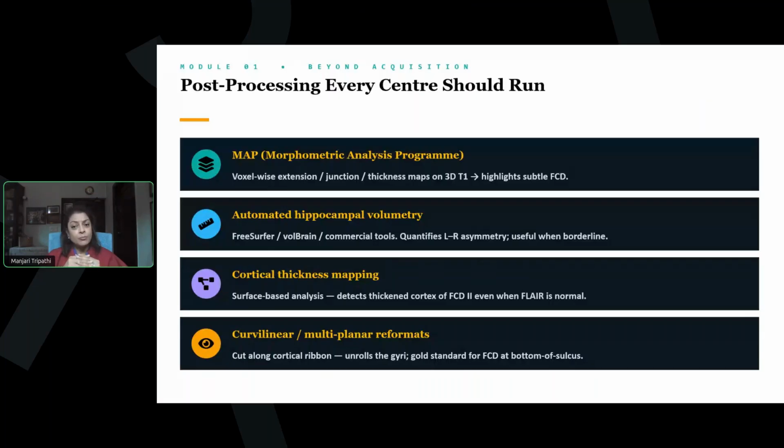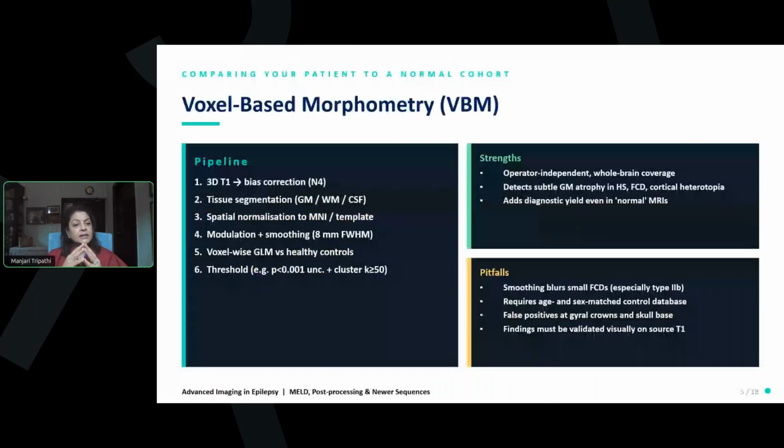Voxel based morphometry, again, is a very good technique, which involves various steps. As you can see, 3D T1, bias correction, tissue segmentation, spatial normalization, modulation, and of course thresholding. It's very operator independent, and it gives us a whole brain coverage. So really it is a very objective way of looking at the imaging, very useful for FCDs, heterotopias, etc.